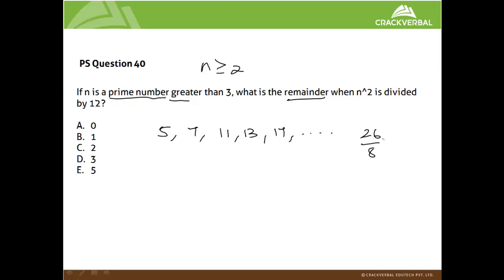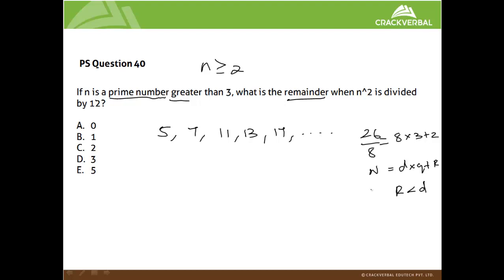According to the division algorithm, you write this as 8 into 3 plus 2. That is, any number is equal to its divisor into quotient plus remainder. Also, the remainder is always lesser than the divisor. If the remainder is 0, then we say the number is divisible.